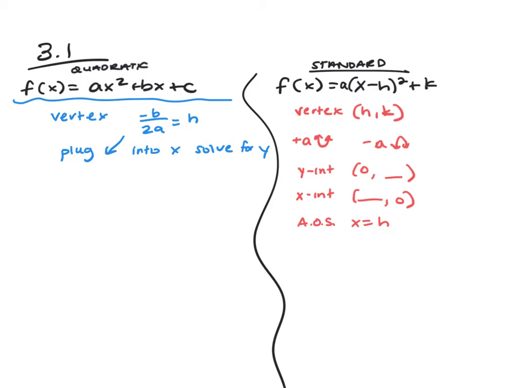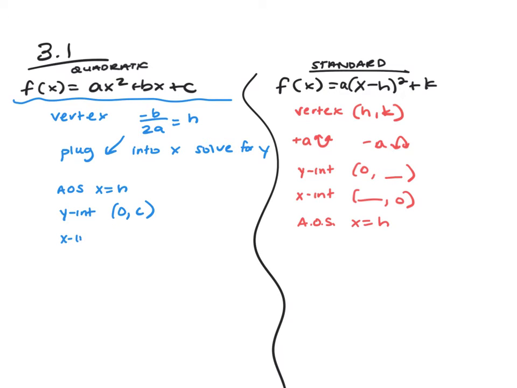And then we have our vertex, which means we also have our axis of symmetry. Once we get our vertex, again, it's x equals h. Again, it's a line. Then we can find our y-intercept by doing 0, c. We don't have to do much work there. We plug the 0 in for x and it eliminates, and I just get c.